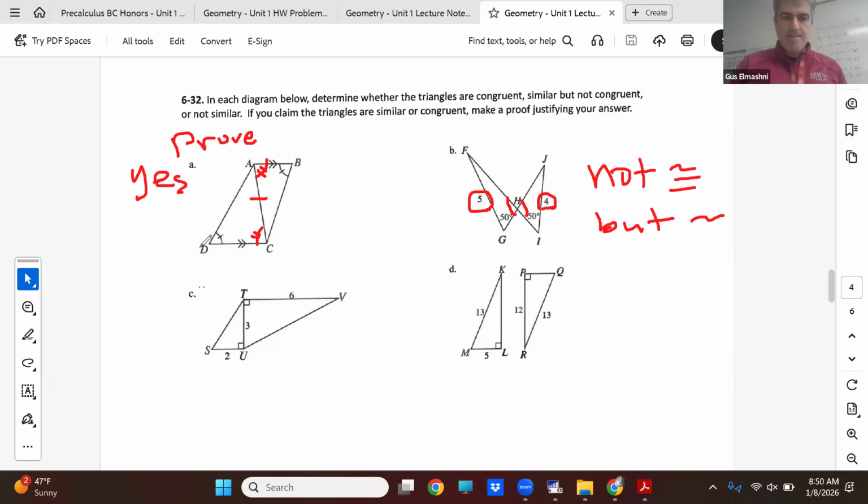How about part C? Why is it proof? If you say to prove, but if you're trying to prove it. We're going to prove it.